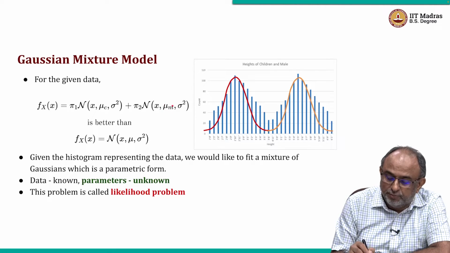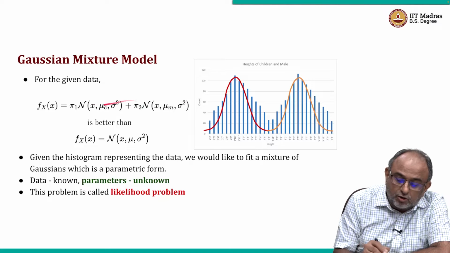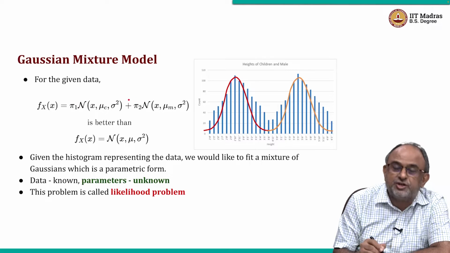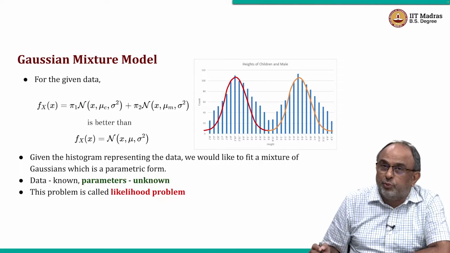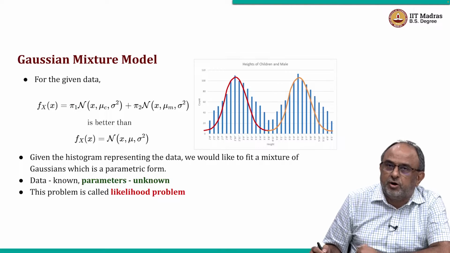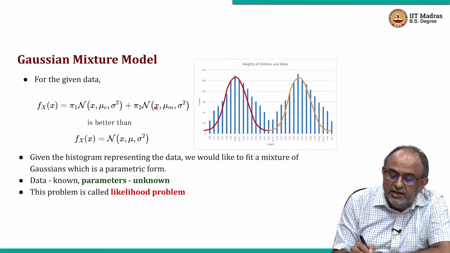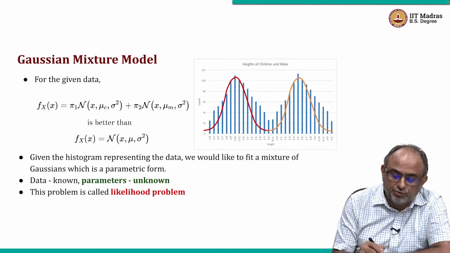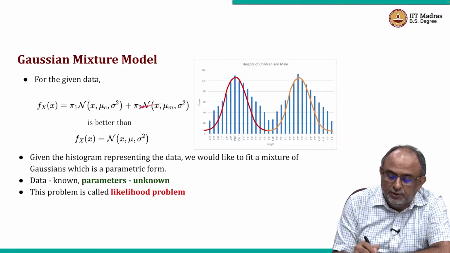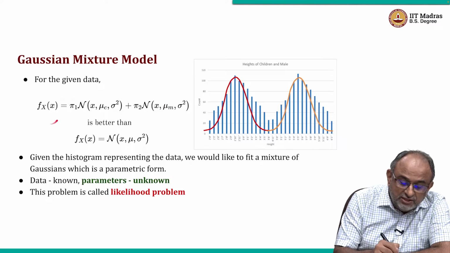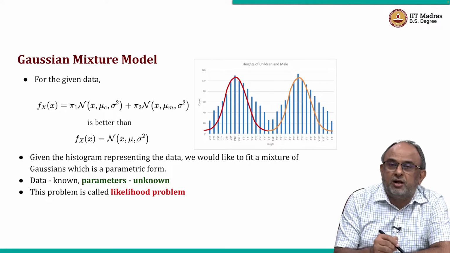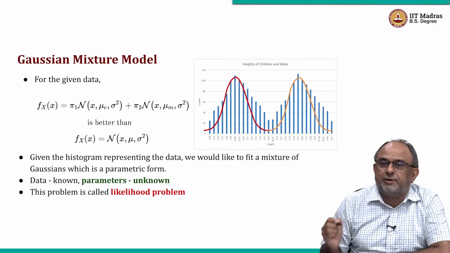Let us say the mean for the adult or male population, its variance, and something called the coefficient of the linear combination, or the weights of the mixture, which is what we normally call it. So we are taking a linear combination of two Gaussians with different mean and variance, and this becomes the actual model that fits this data.